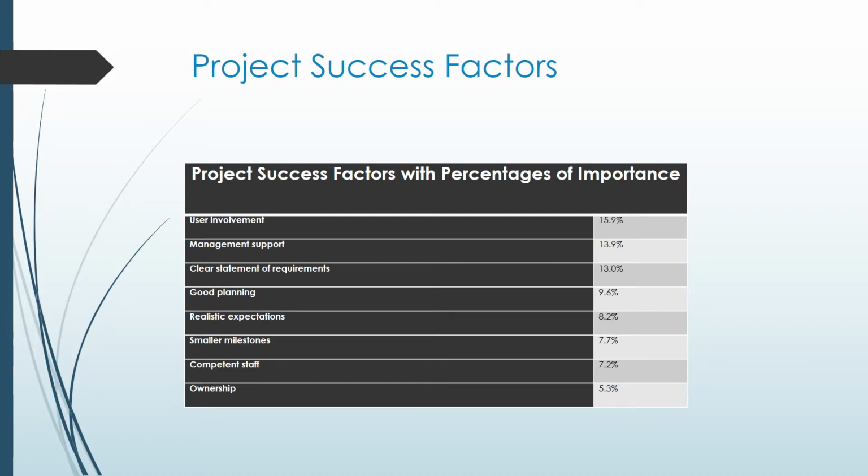This is another graph, which is actually the project success factors, again rated highest to lowest percentage: user involvement, management support, clear statement of requirements, good planning, realistic expectations, smaller milestones, competent staff, and ownership. And as you can see here, again, user involvement plays in.